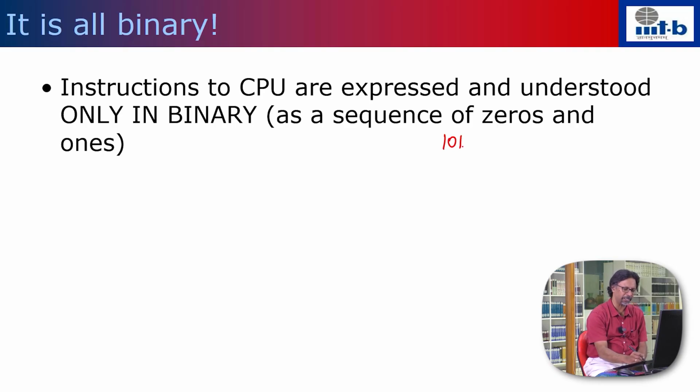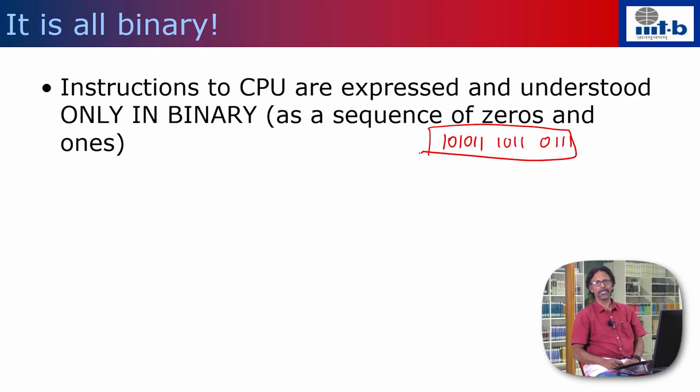For lack of any better example, I'm just saying this string, 101011, is an add instruction. You assume that. And then it says, I want to add two numbers, right? So the two numbers are 1011 and 100111. Correct? So these are all the inputs. So this whole thing becomes an instruction. Correct? So as you can see, the instruction is expressed in the form of zeros and ones.